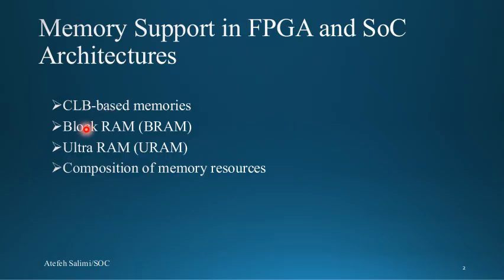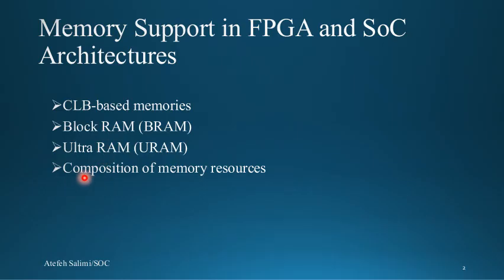Then we have block RAM memory, which are different blocks that are distributed throughout the PL part of the SoCs or on FPGAs. In recent FPGAs, for example, UltraScale or UltraScale Plus, we have another type of memory, which are Ultra RAM, and the capacity of these memories are around 8 times higher than the block RAM.